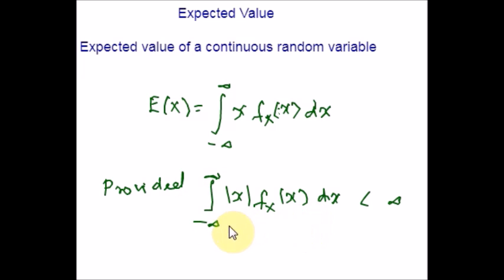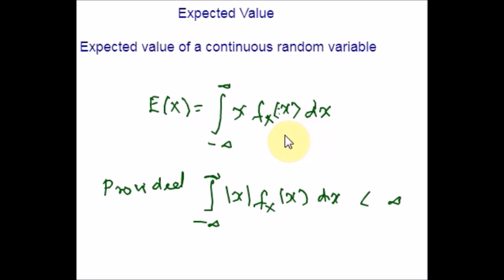The requirement here is that the integral from negative infinity to positive infinity of the modulus of x times f of x dx is less than infinity. Please remember this. This is called absolute integrability, and this ensures that the improper integral from negative infinity to infinity of x times f of x dx is well defined.